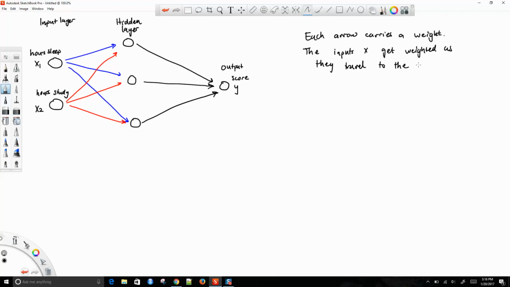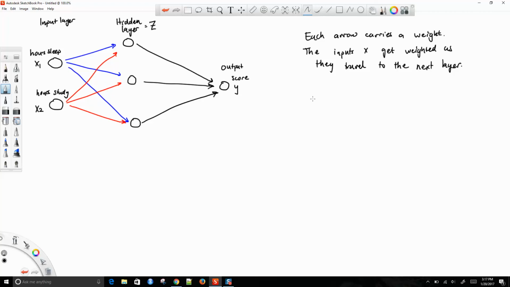Right here, at this node, which we can call Z, if we call our hidden layer Z, we're getting a weighted value of x1 and a weighted value of x2.